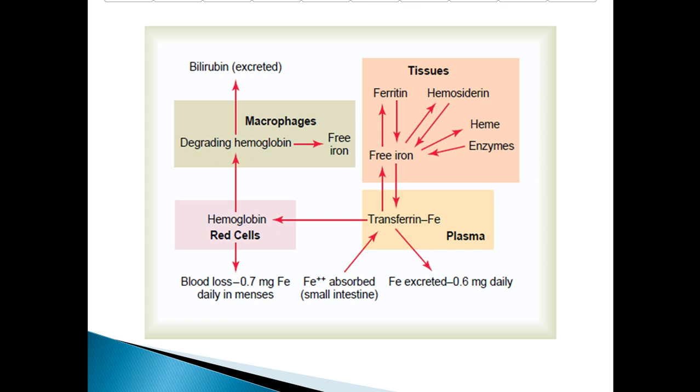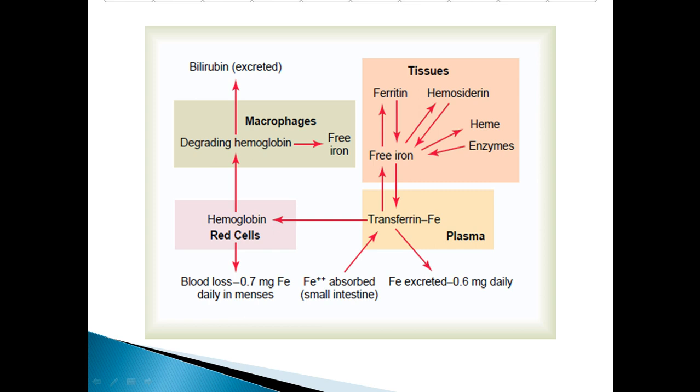So this is another diagram from Guyton where you can see the degraded hemoglobin of red cells is converted into bilirubin and free iron by the macrophages, while blood is also lost in daily menses, and the iron part is 0.7 milligrams.